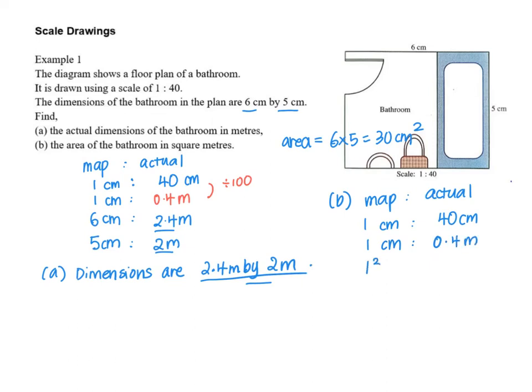To get the area, it will be 1 cm squared to 0.4 meters squared. We're going to square everything. And we have 30 cm squared, so we're going to take 30 times 0.4 squared, and we'll get the answer to be 4.8 meters squared. Have you gotten the answer?